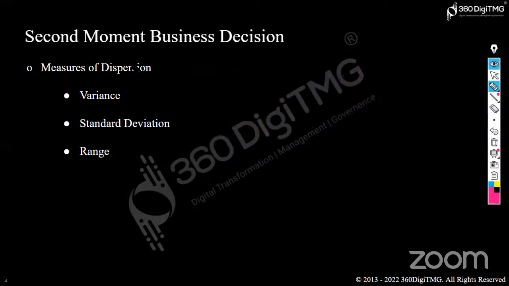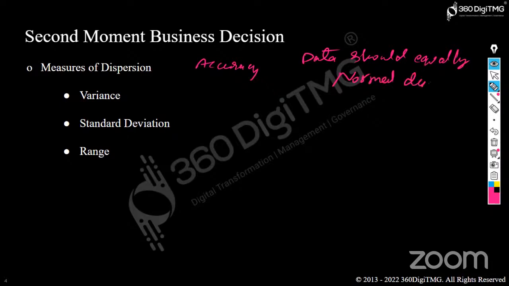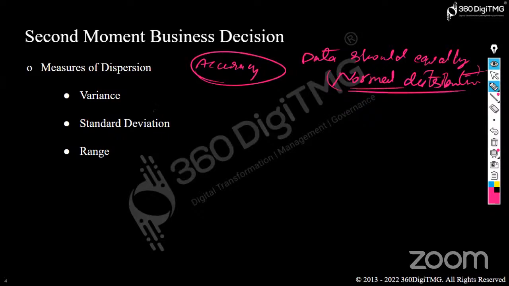So always, when you are going with the accuracy level to find accuracy, the data should be equally distributed. That is normal distribution. You should always have normal distribution. If it is not, we have different approaches, a few other methods to make it a normal distribution.